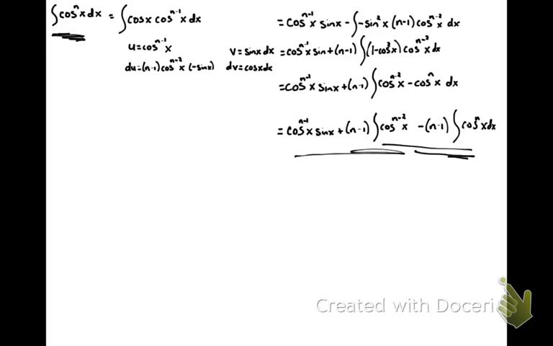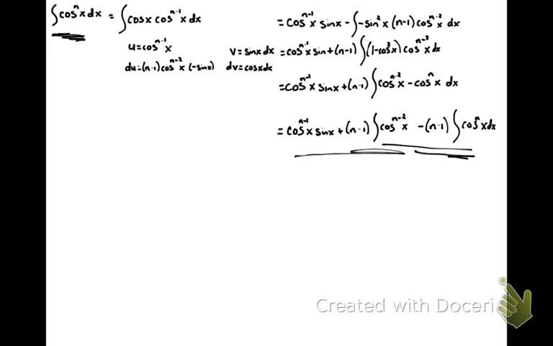So I'm going to add n minus 1 of the integral of cosine n to the x dx back to the other side. And my other side has one of those integrals. So 1 plus n minus 1 leaves me with just n.